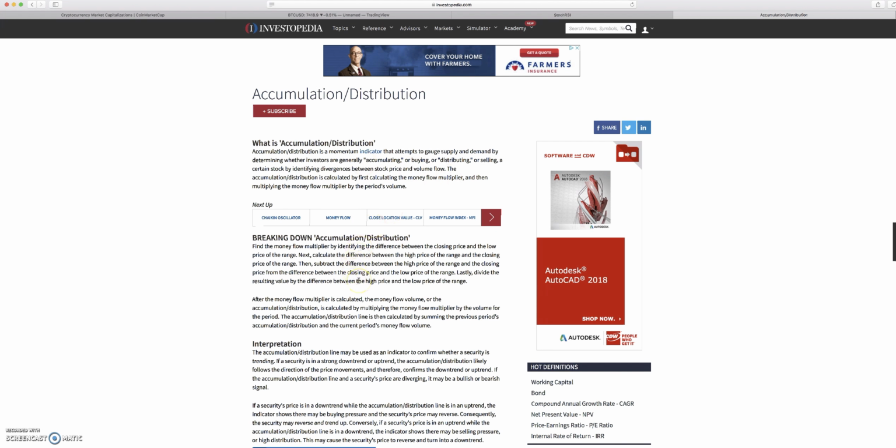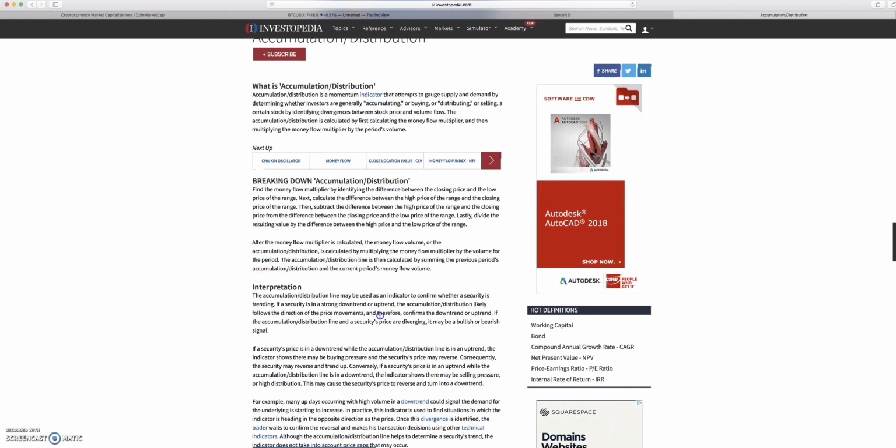So the accumulation distribution is a momentum indicator that attempts to gauge supply and demand by determining whether investors are generally accumulating, aka buying, or distributing, aka selling a certain stock, or in our case, a cryptocurrency, by identifying the divergences between stock price and volume flow. So basically, Investopedia goes down here on the interpretation, and they pretty much hit the nail on the head.